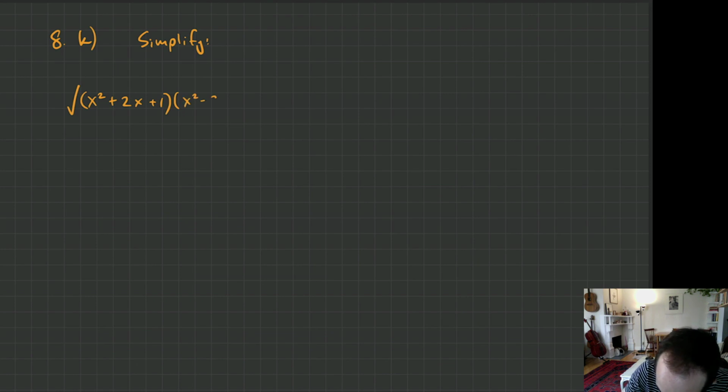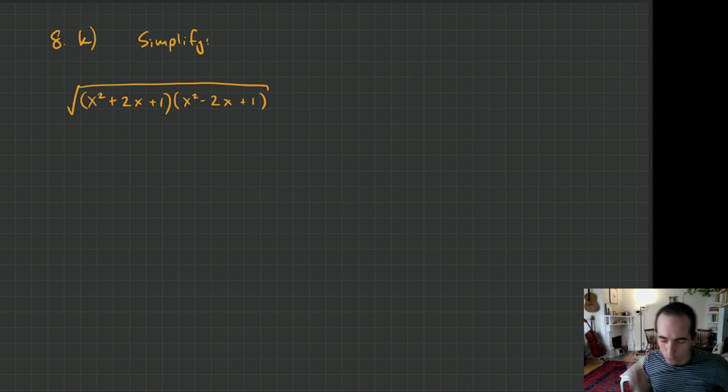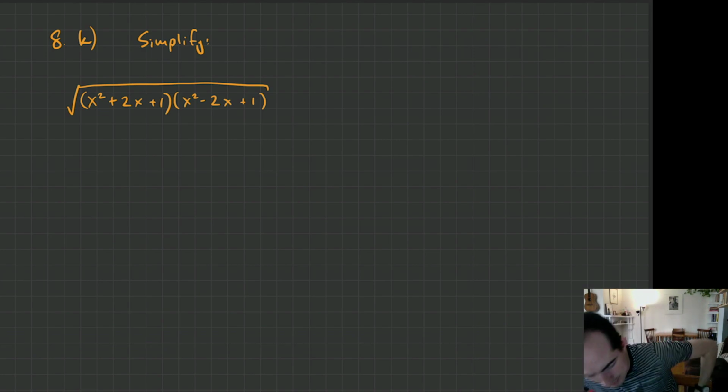Let me make that a nice straight line. This is what we're going to simplify, and I think this will take about 5 minutes, so this will take us right to the end of class.